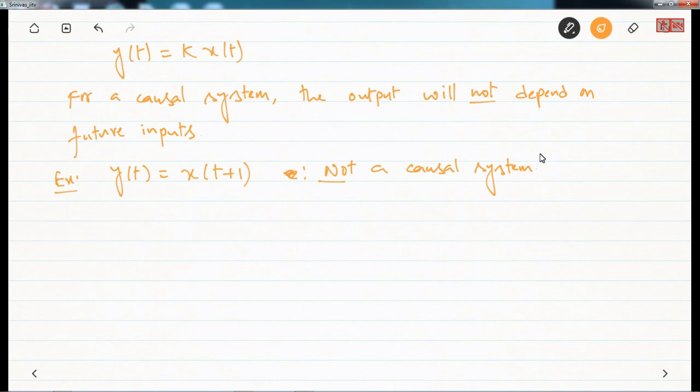And what else can we say? Another point about causal systems: if a system is causal, can we say this?